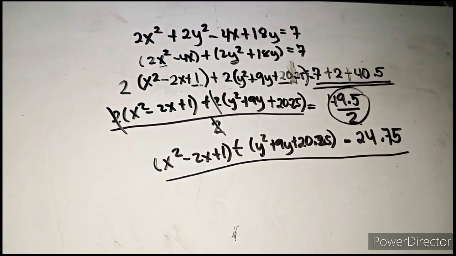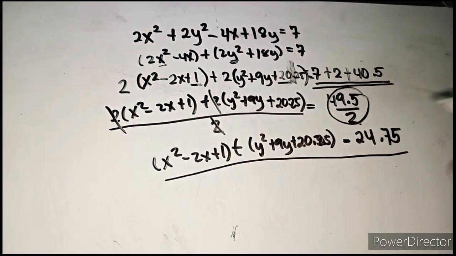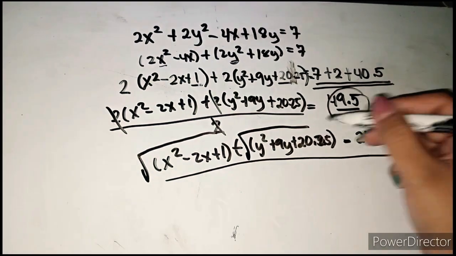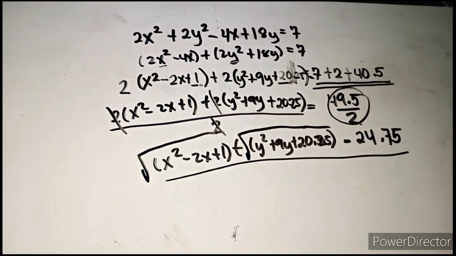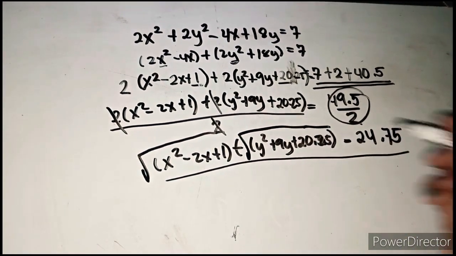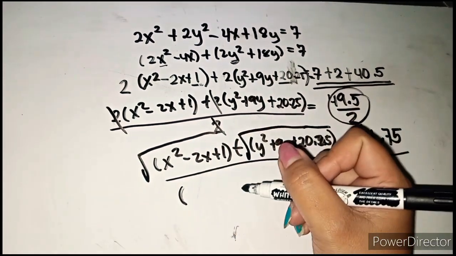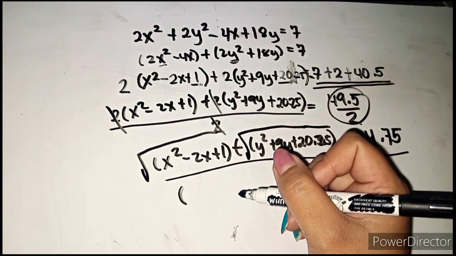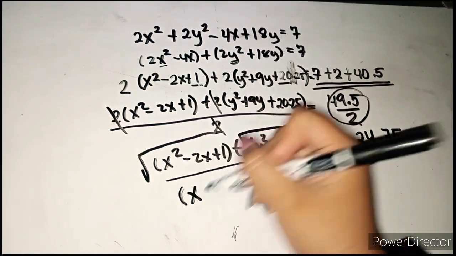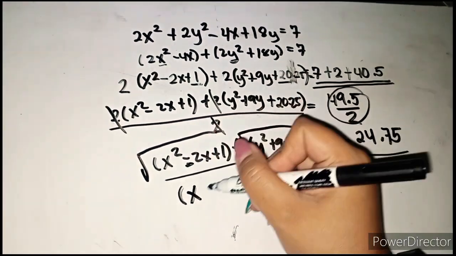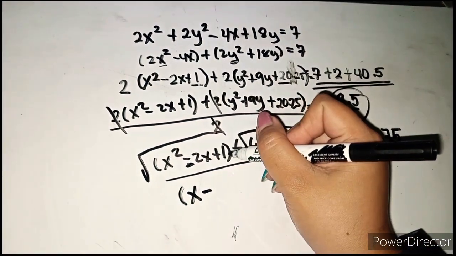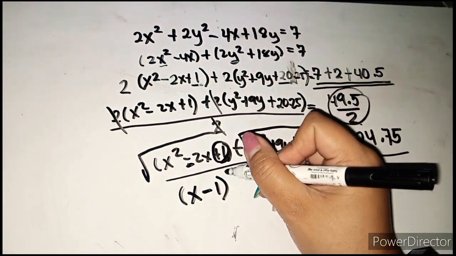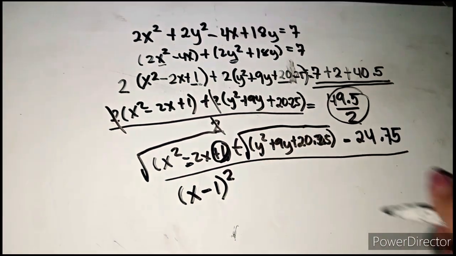Okay, katulad ng ginawa kanina sa previous example, we're going to get the square root nung dalawang term natin. So, kunin muna natin yung square root. So, square root of x squared. Siguro maglagay muna tayo ng open parenthesis. So, square root of x squared ay x. Copy the sign of the middle term, which is negative. Square root of the third term. Ito yung third term natin. So, 1, squared.